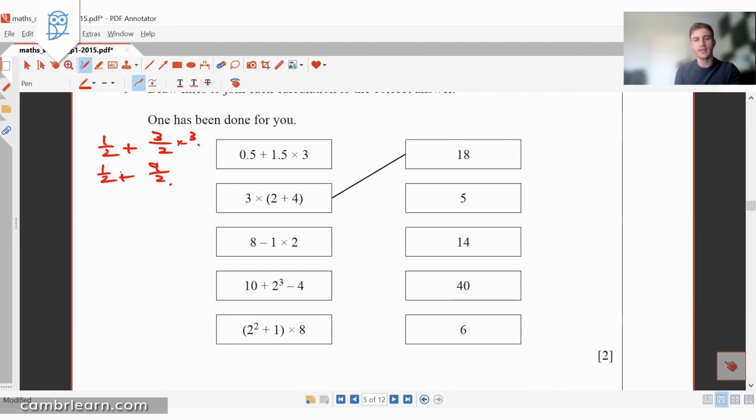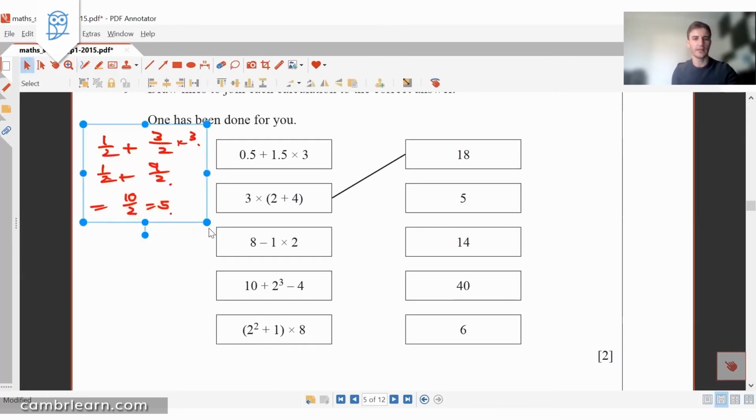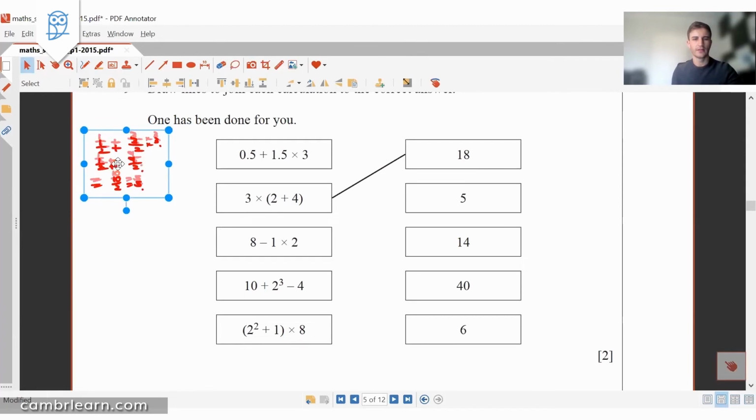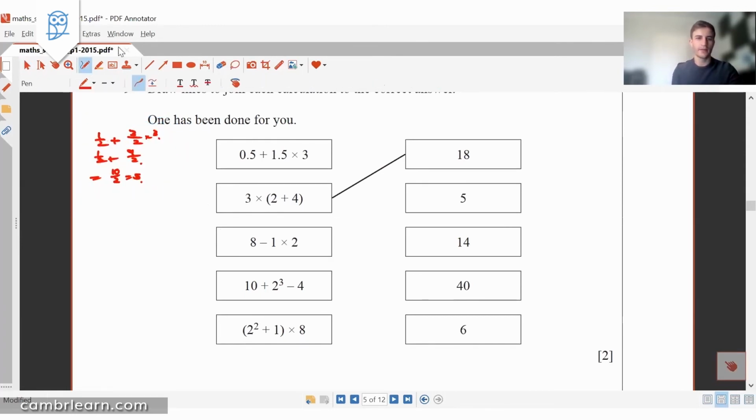This would just be 10 over 2. Remember, we have the same denominators, so we can add the fractions. So this is 10 over 2, which is equal to 5. So that's my first one. Right, so for this first one, this goes to 5.